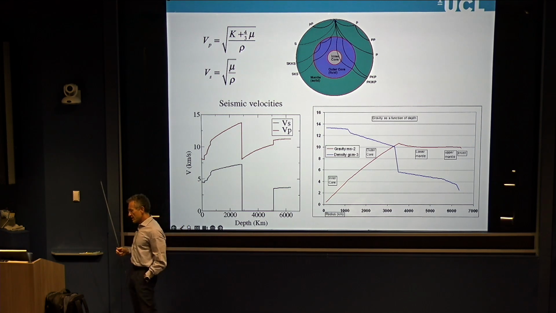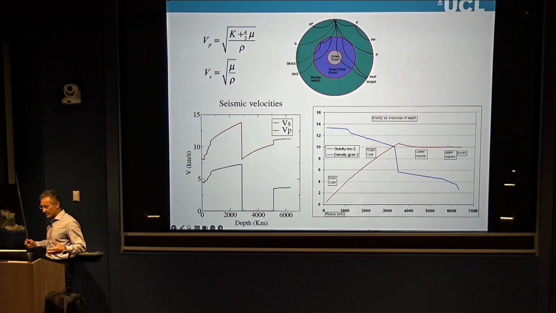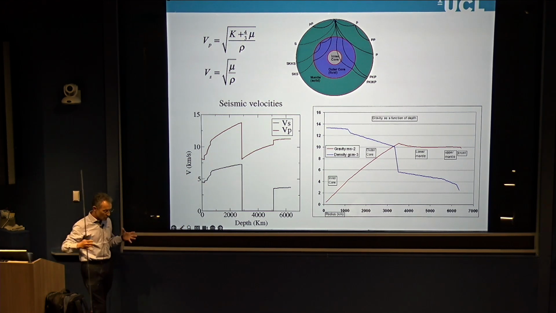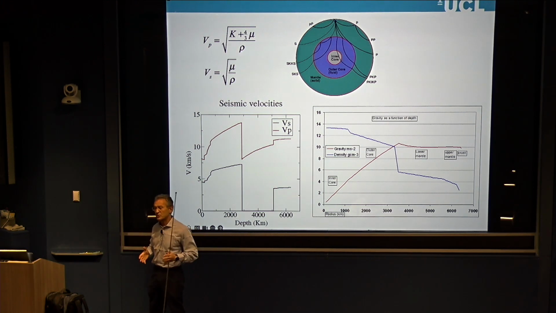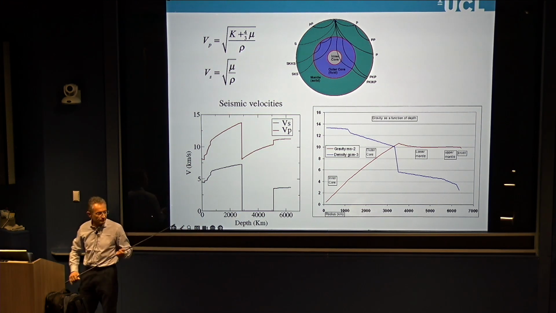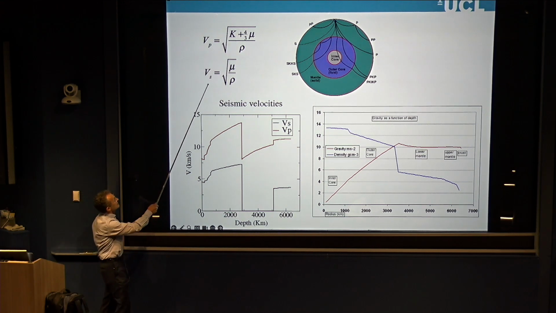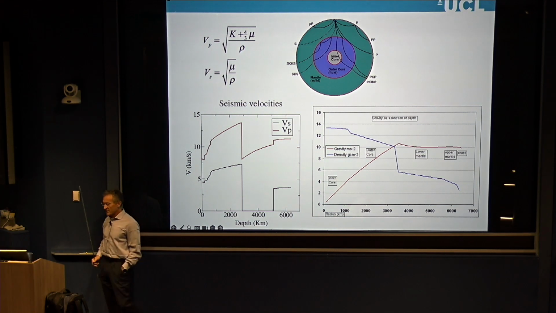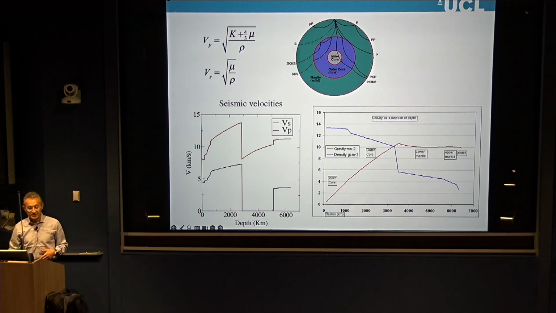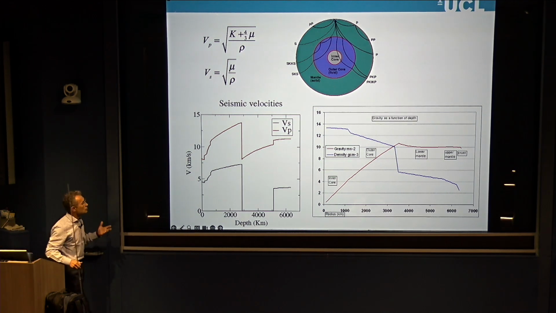K is the incompressibility, so it is, if you like, the resistance of the material when you try to compress it, and mu is the shear modulus, the resistance when you try to shear it. S waves only depend on the shear modulus, and so you can see from that equation that they are slower. That's why they're also called secondary waves.